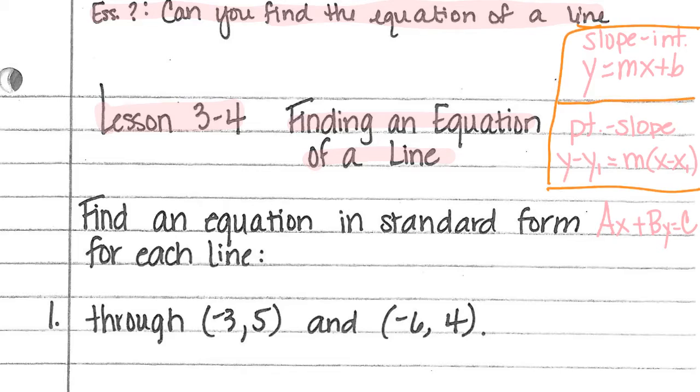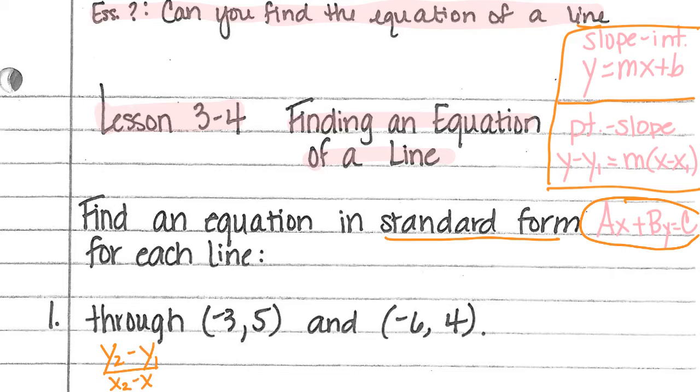So our first question says, find an equation in standard form. So we still have to know what standard form is. That's this guy right here. It says it's going through 2 points, negative 3, 5, and negative 6, 4. The first thing we want to do is find the slope.